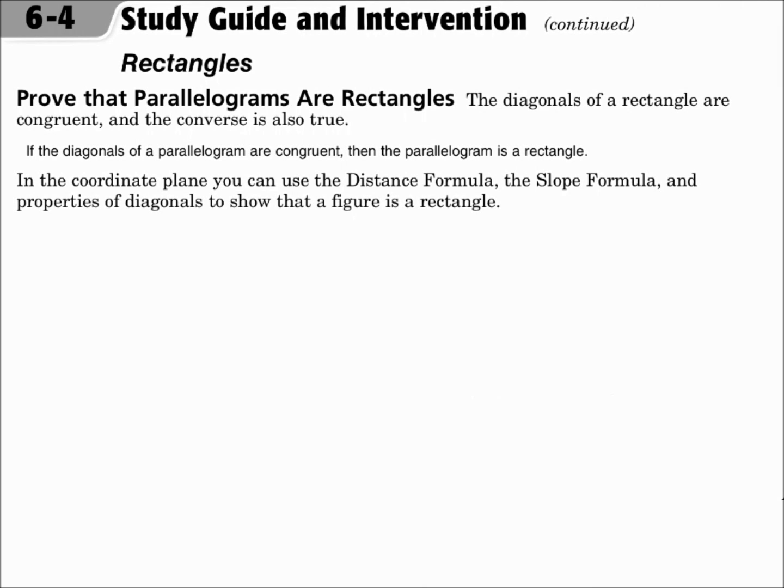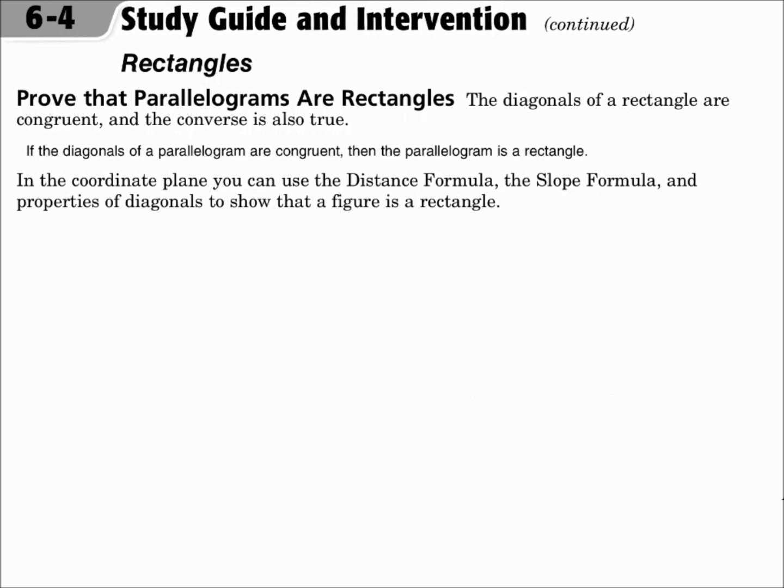You can prove that parallelograms are rectangles in the coordinate plane. Since the diagonals of a rectangle are congruent, you could also say the converse, which is if the diagonals of a parallelogram are congruent, then it's a rectangle. We can use the distance formula to find segment lengths.